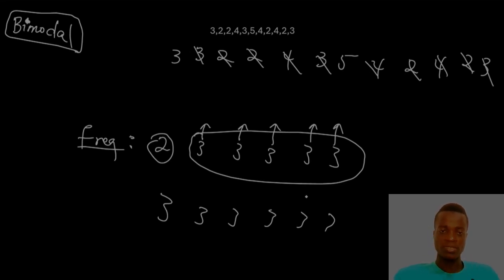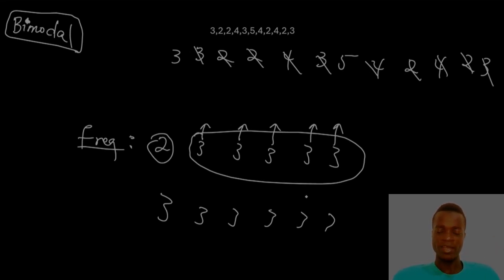For mode, be careful, never ever confuse them. It's a common error. Be vigilant enough not to write your frequency as your mode. Mode is an item, frequency is a count. The count helps you to get the item, and that item is the mode. Yeah, that's what we covered.